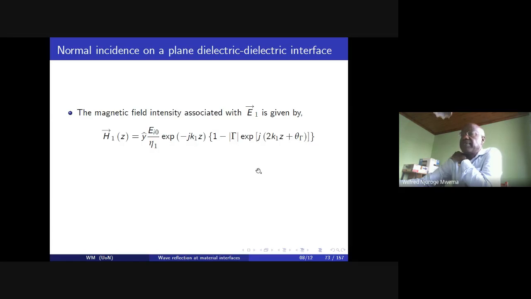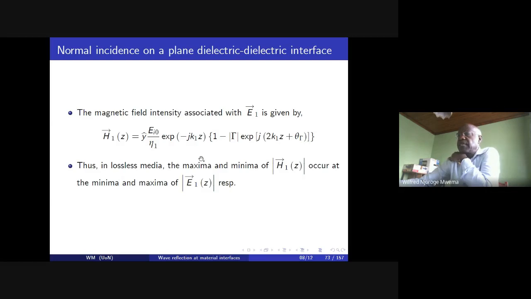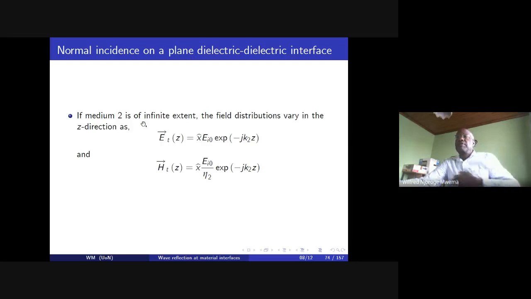And that's why the standing wave ratios also change. And therefore, in lossless media, we can say that maxima and minima of H1Z will occur at minima and maxima of E1Z respectively.